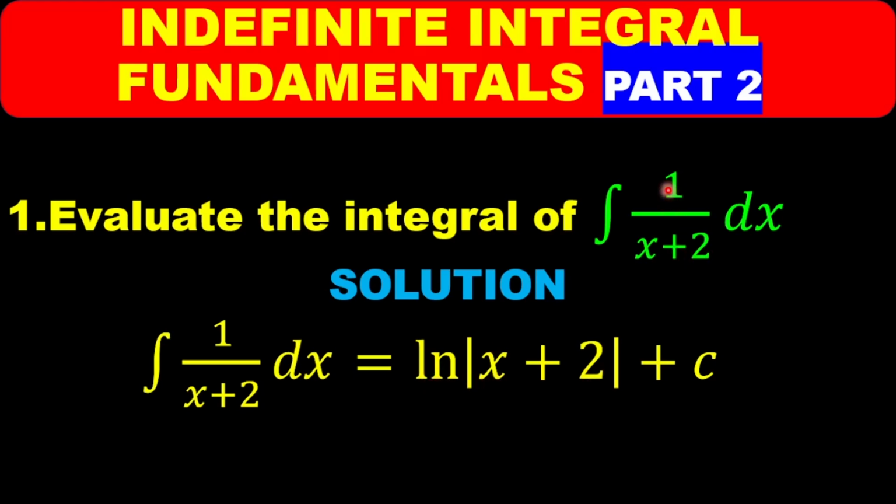But then if the number at the top is more than 1, then that number will now come outside here. So if you had 5 here, then you have 5 natural log x plus 2. Now notice that as for this, when we differentiate x, we're actually going to get 1. And that's why we don't see the 1 being indicated here. And this is the end of this fundamental. Now we want to enter into the work itself.